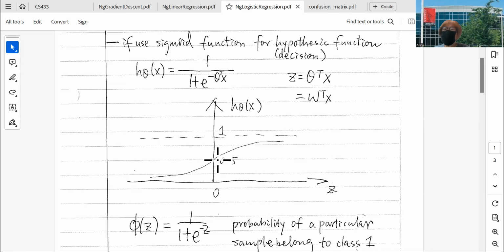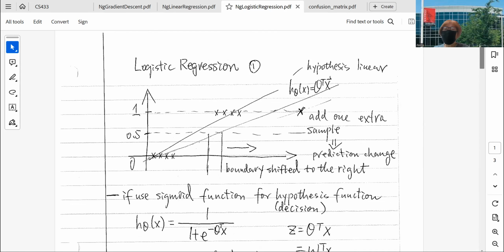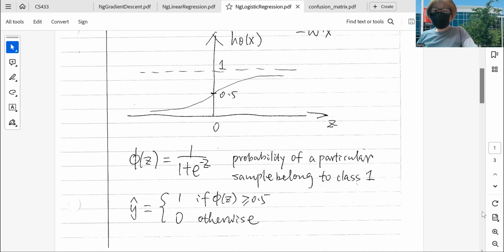And if you have this line, then regarding that case, did you see? Even though you have these extreme data points added, you won't have the misclassification.